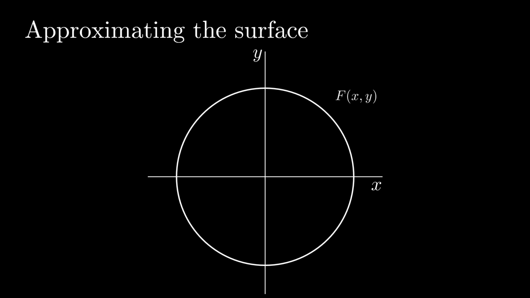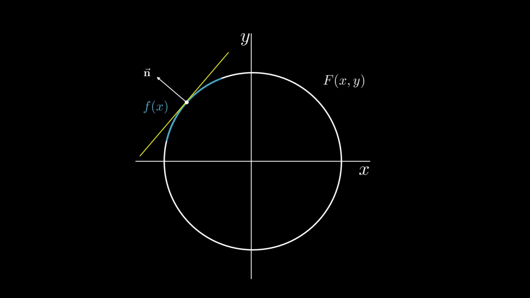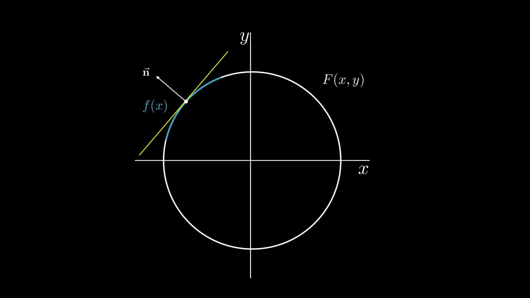Here's our implicit curve, and here let's say we have a patch of our function and a point. At this point we have a tangent line, and perpendicular to the tangent line we have our normal vector that has these components.